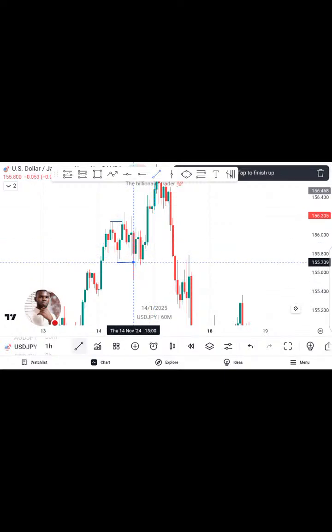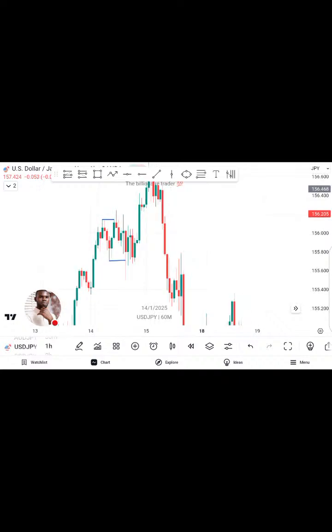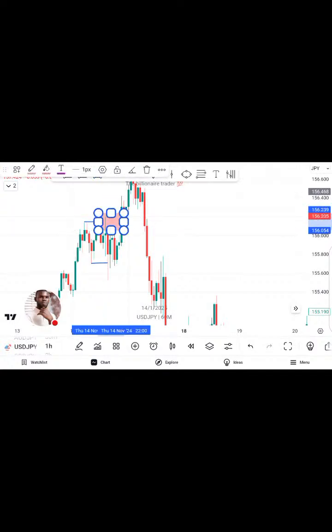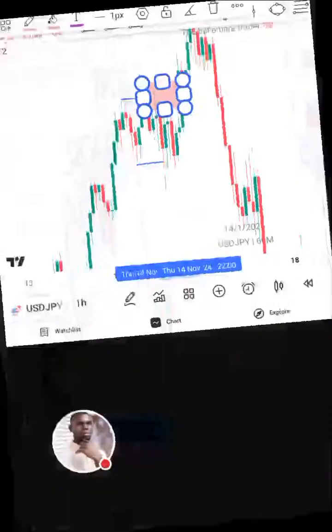We have this loading broken, which we can say a change of character. We are expecting to sell from here. We are expecting to sell from that area.